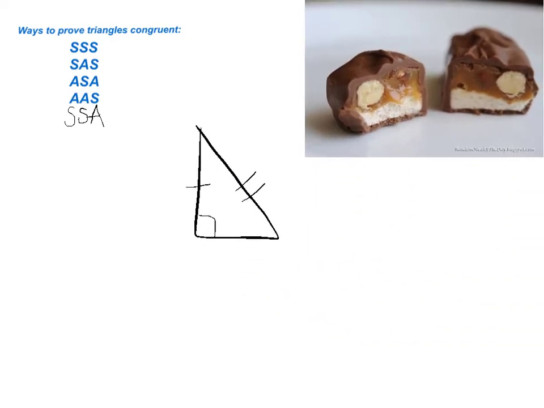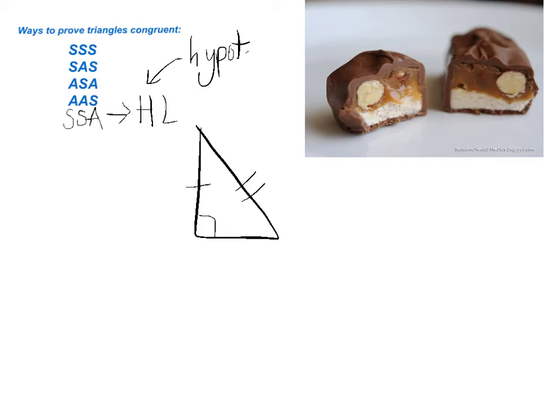This right here is a special kind of triangle, and it is a side-side angle, but instead of calling this side-side angle, they kind of renamed it, because who likes that name, to call it HL. And the H stands for hypotenuse.